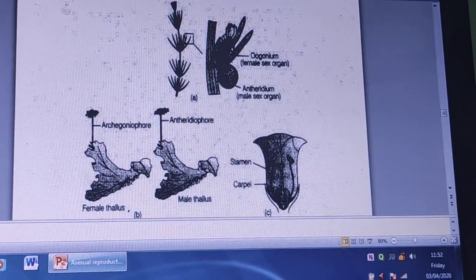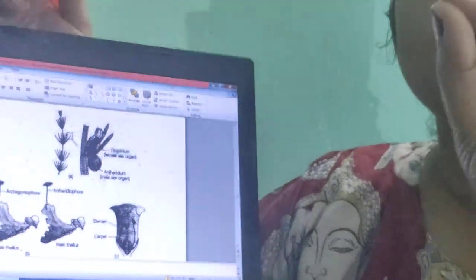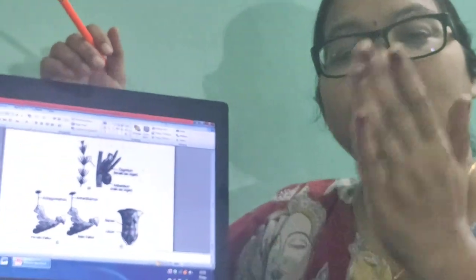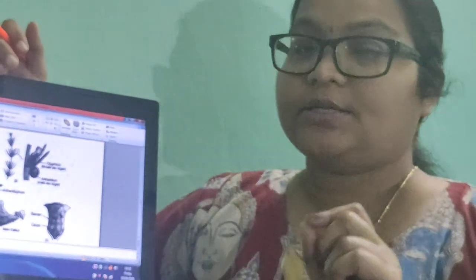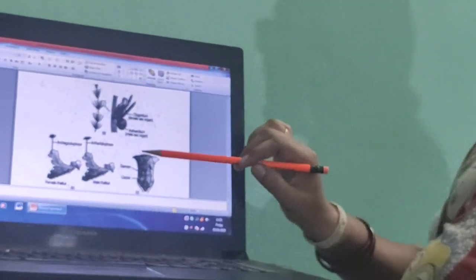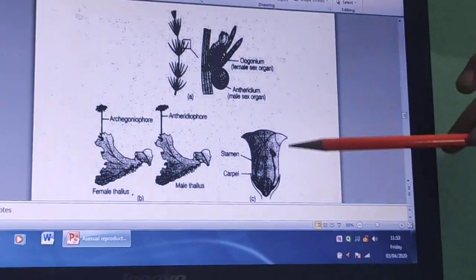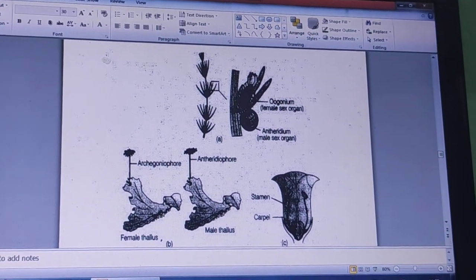Let me first explain how the pollen grain is released to the pistil. Then we will discuss how the male gamete reaches the female gamete or the egg, right? So here you see, there is no complex mechanism. There is no need of any complex mechanism for the transfer of pollen grain. Why?